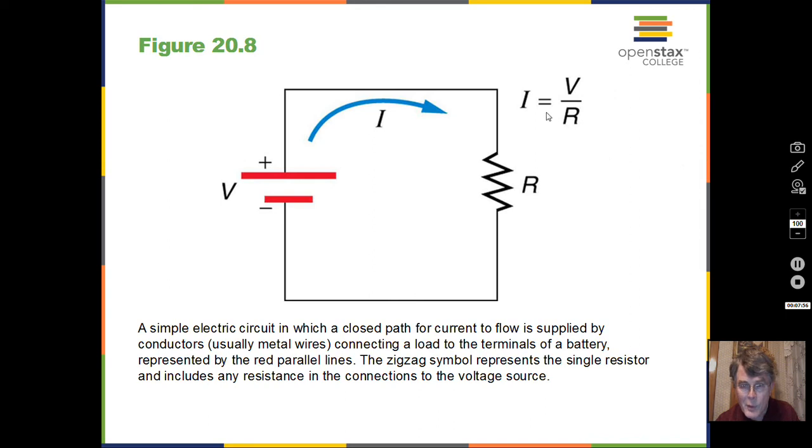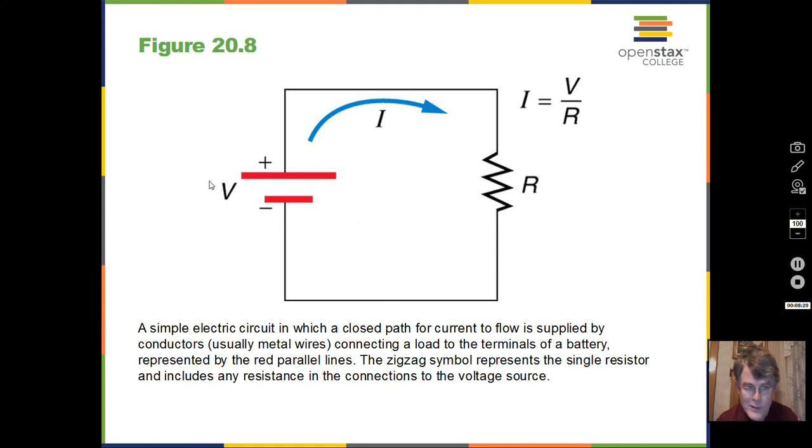Volts divided by ohms give us amps of current. If the resistance is higher, then it's harder for the electrons to go through here, and we get a lower current for a given voltage. If we use a battery that has more potential difference, there's going to be more push, if you want to say, on the electrons, and the current will be higher.